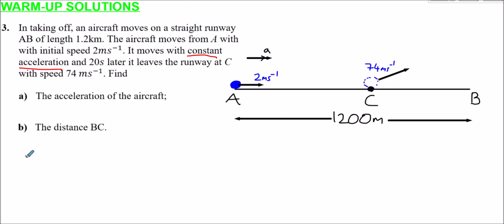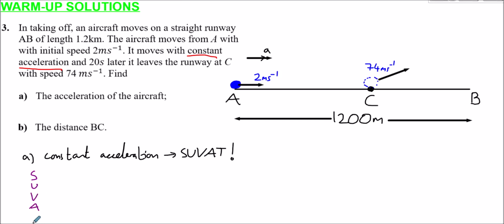So for part A, because it's constant acceleration, little note to yourself: this implies we can use the SUVAT formulae for constant acceleration. So what I intend to do here is just label SUVAT and fill in what we know.